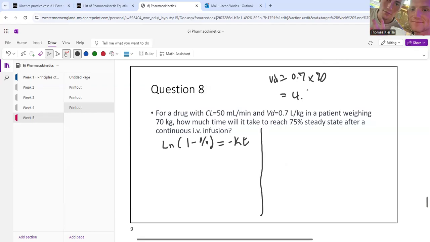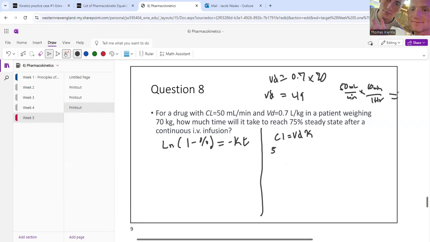Good, so we're going to use clearance equals VD times K. Clearance is 50 milliliters per minute, so we want to change that to hours. So 50 mL per minute times 60 minutes over 1 hour.